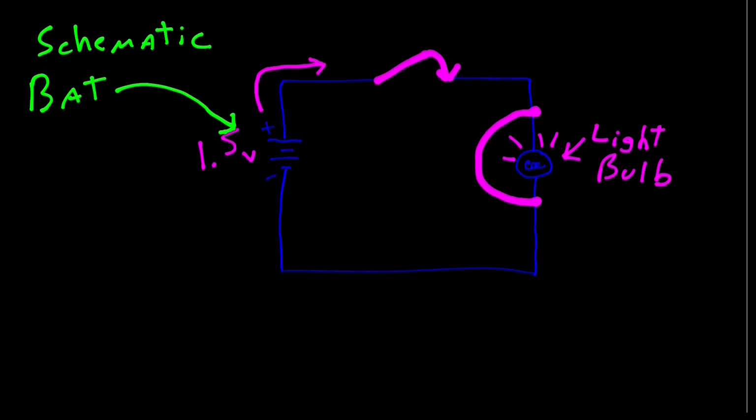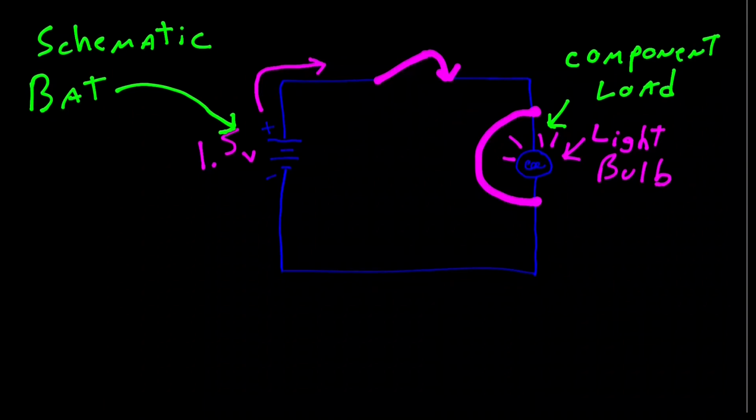We've redefined conventional flow of voltage from positive to negative, but in reality, it goes from negative to positive. We've also covered that this light bulb here can be referred to as a component of a circuit. And in this case, it's also referred to as a load.